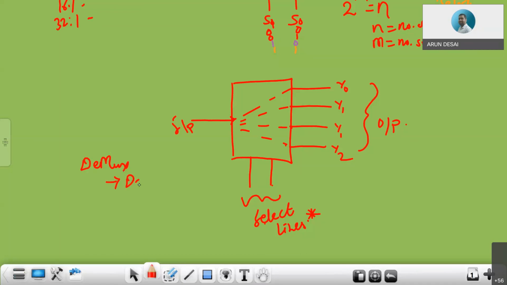So demux is called a data distributor, and what is mux called? Data selector. Keep in mind that mux is called data selector. It actually selects the data and passes it to the output line. So mux is called data selector and demux is called data distributor.